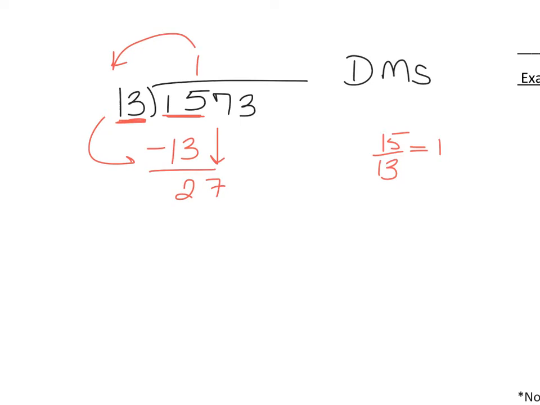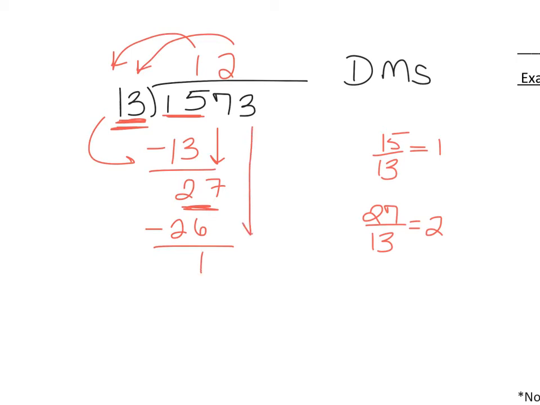Then you would start the whole process over again, and you would divide 27 by the same outward number, 13. That would get you 2, and you would do 2 times 13, and you get 26. Subtract. You would get 1. You would drop down the 3, and then you start all over again, and you do 13 divided by 13 equals 1.